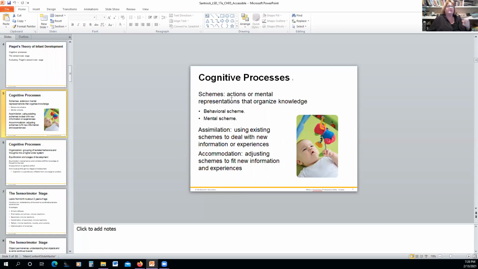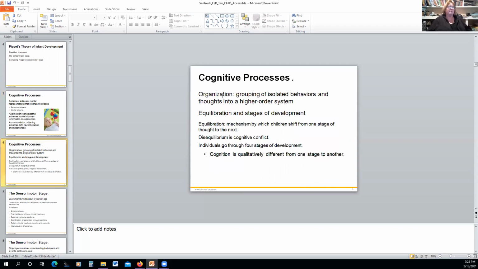Think about schemes as a file cabinet where babies start to organize things that they learn about. When they learn something new, they assimilate it. They put that new information into that file cabinet, into their schemes. When they learn something new about something they already know, and they might have to adjust, it's called accommodation.